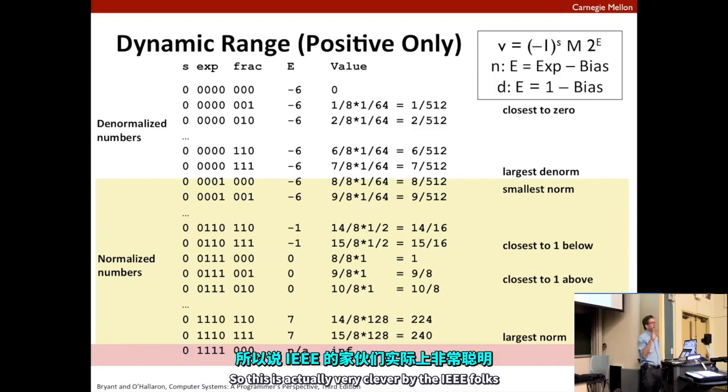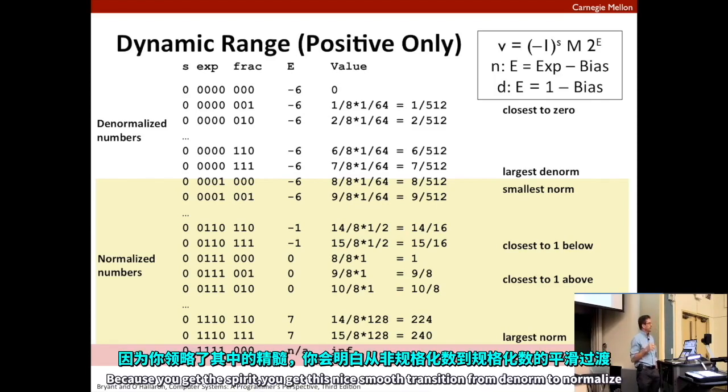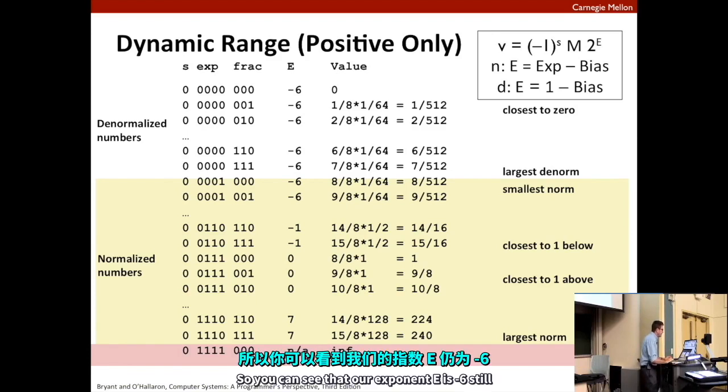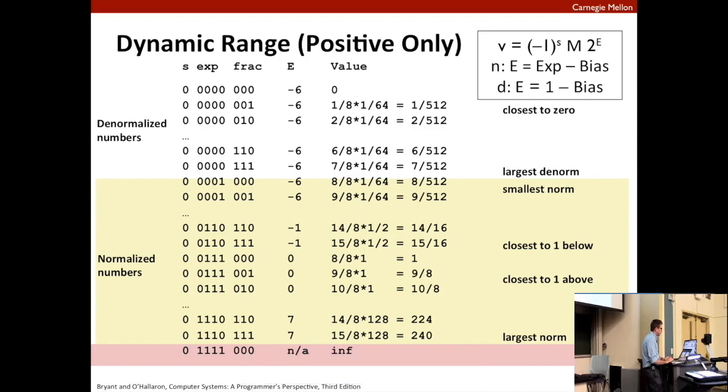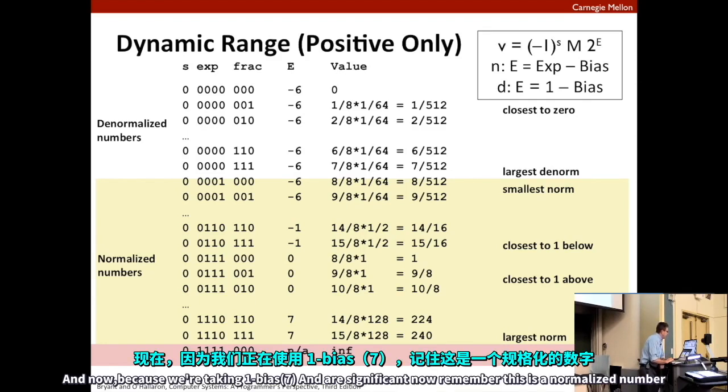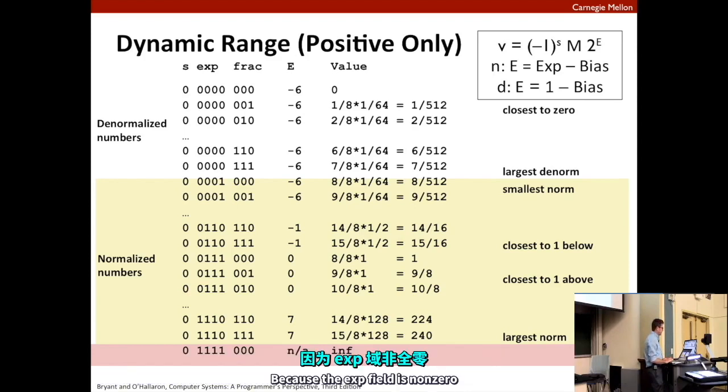So this is actually very clever by the IEEE folks, because you get this nice smooth transition from denorms to normalized. So you can see that our exponent E is minus 6 still. Now remember this is a normalized number because the exp field is non-zero.